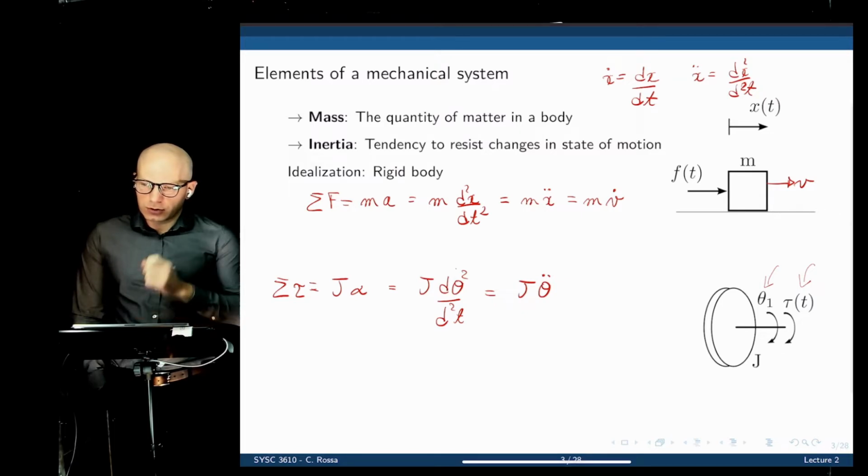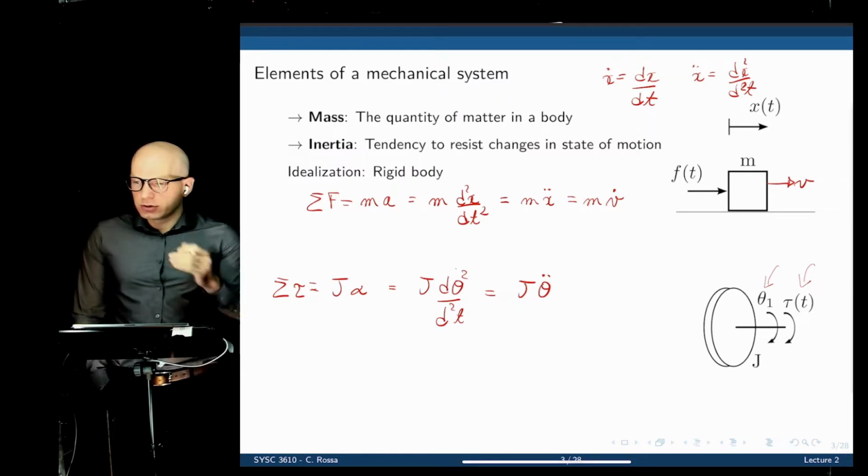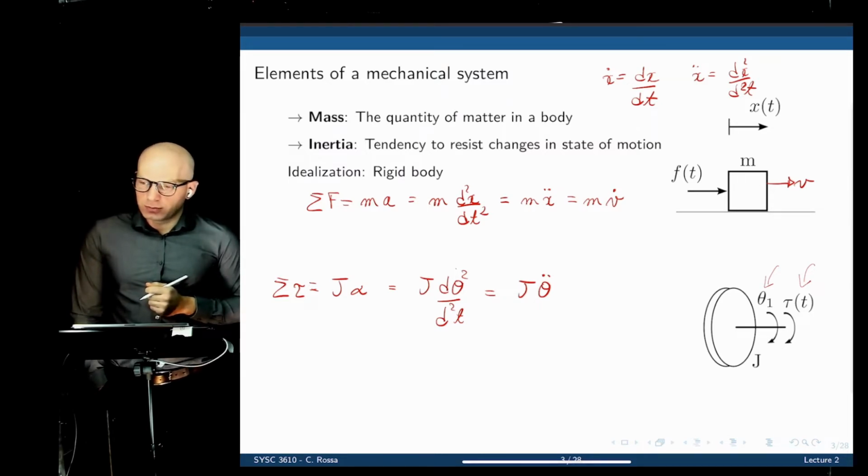Okay, so sum of all torques equals the moment of inertia J times acceleration, second derivative of angular position with respect to time, or theta double dot.